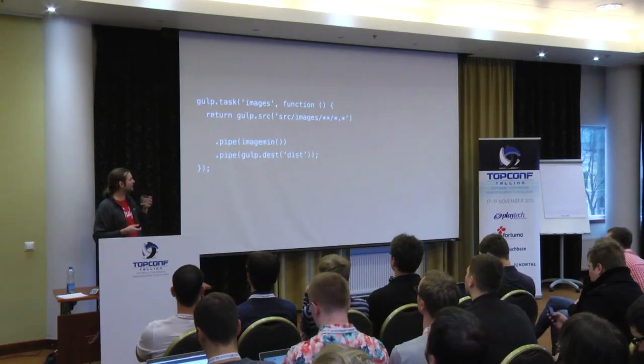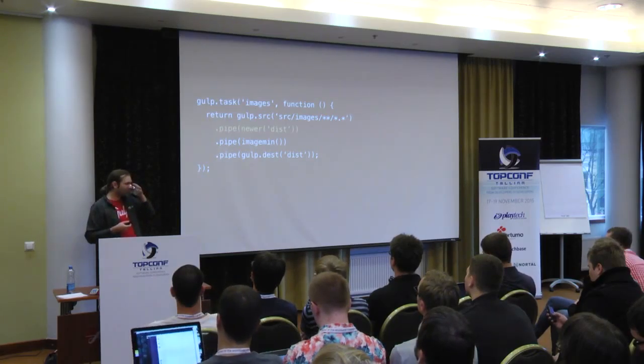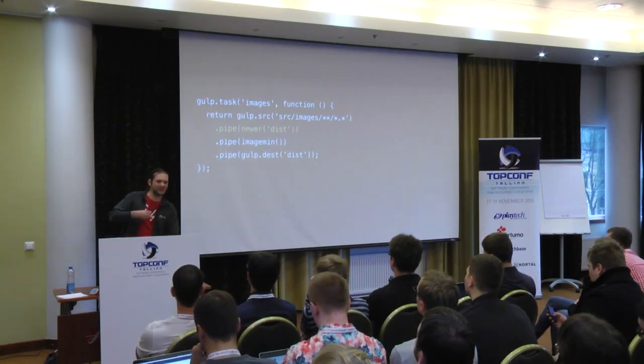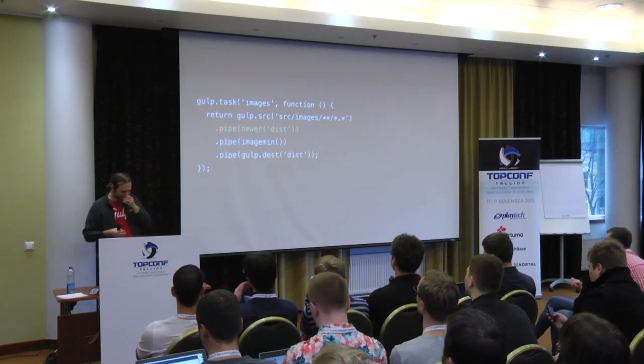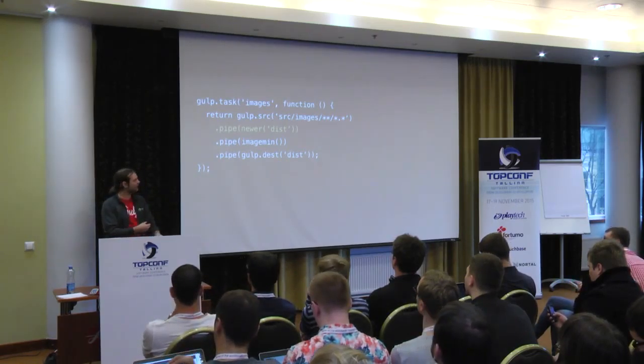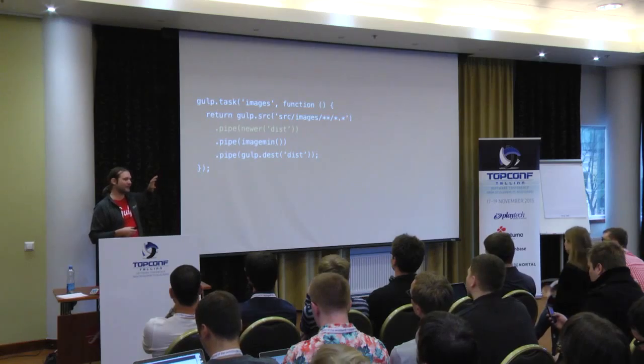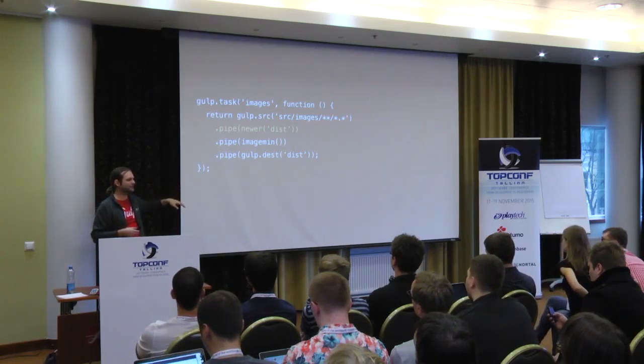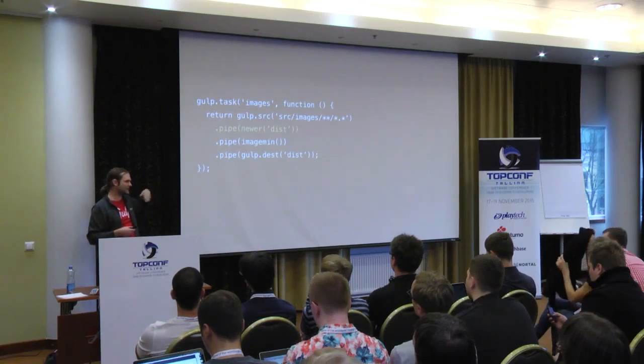So what I can do is use a plugin called gulp newer that compares the timestamps between the source directory and the destination directory. And this works even if Gulp terminates and you turn Gulp off and boot it up again, since it's all based on disk timestamps.